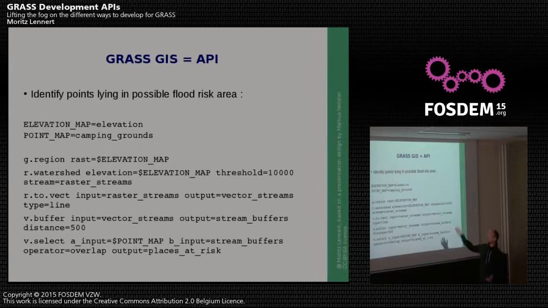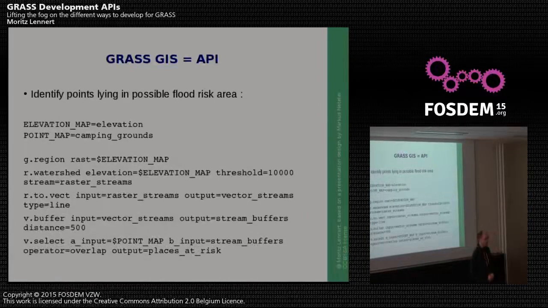So just chaining these modules can be considered writing a program, and here you see a very simplistic program testing whether any of our points fall into, let's say, very roughly designed flood risk areas. You have a chain of commands that take an elevation model and estimate from it where streams most probably are, or where water accumulation is going to be most important.